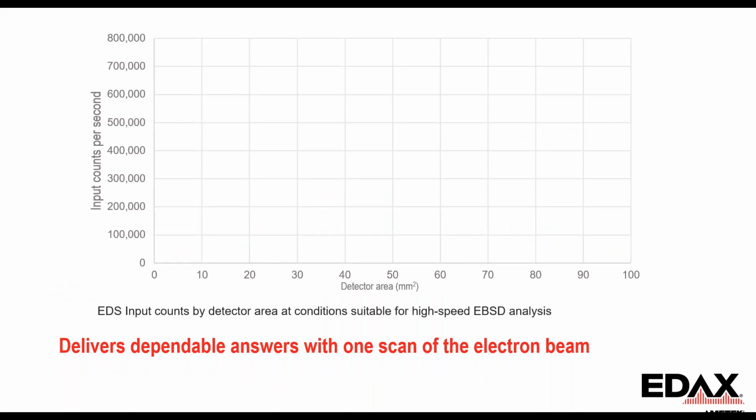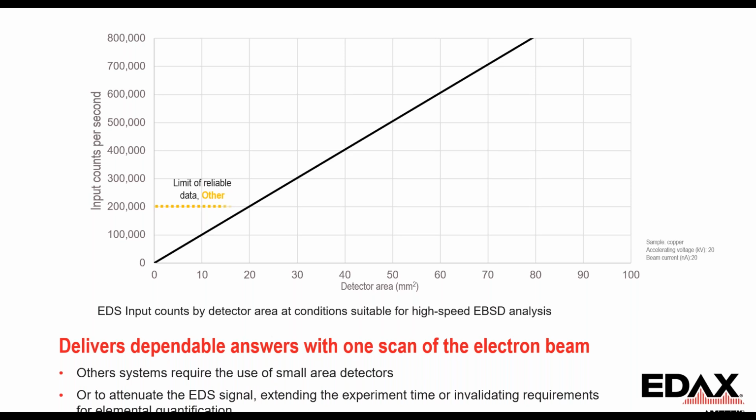And so this is just a graph to show the number of input counts per second for our different detectors by detector size. So we have our limit of what other detectors can do. They become less efficient at 200,000 input counts per second. That's sort of what they're able to process.